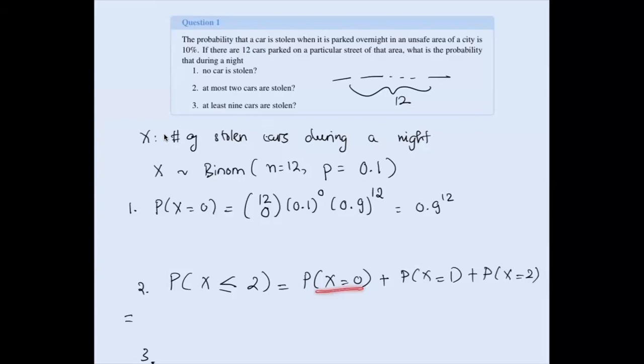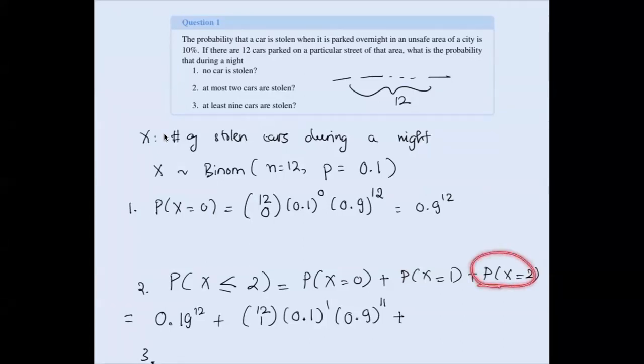The first expression is what we calculated in part 1. I just bring it down. For the second one, I want exactly 1 car to be stolen. So out of 12 cars, I choose 1 to be stolen, and the probability of being stolen applies to 1 car, and the probability of not being stolen applies to the remaining cars, which is 11.